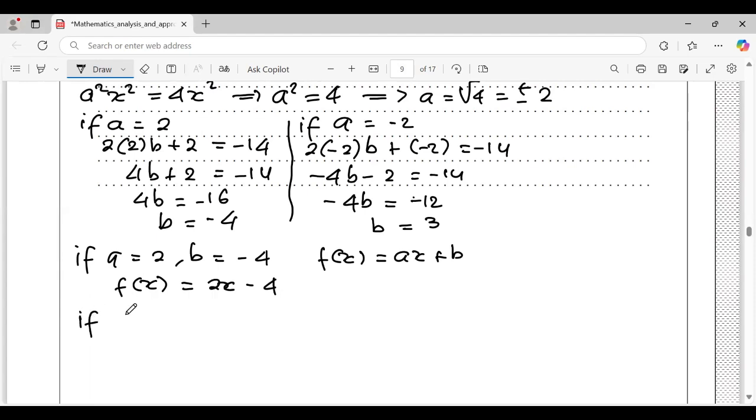And if a equal minus 2 and b equals 3, so f(x) equal minus 2x plus 3. So there are two possible functions: this one and this one.